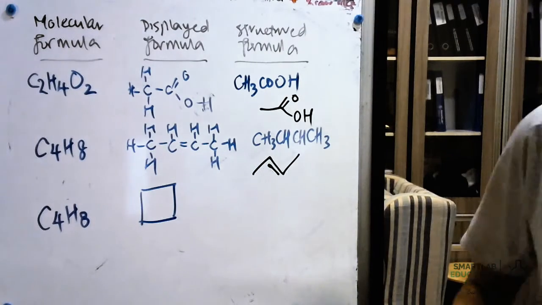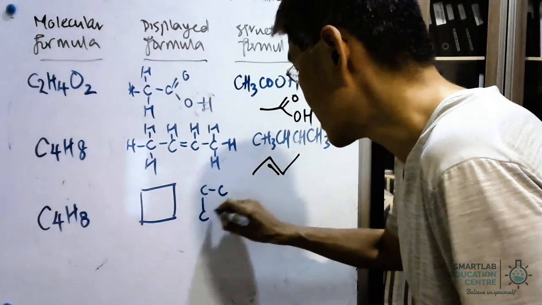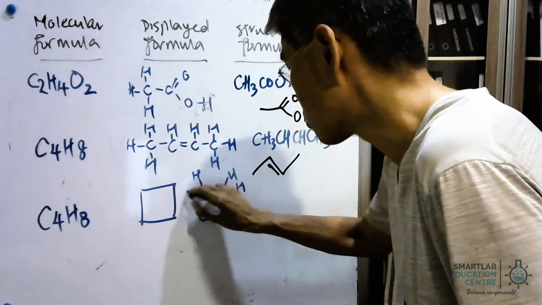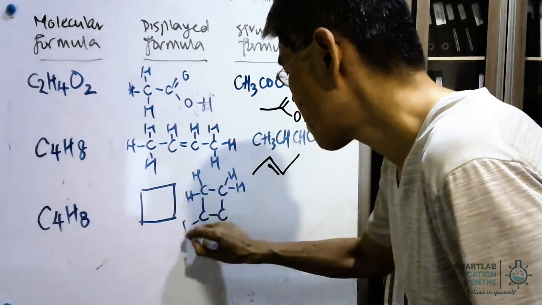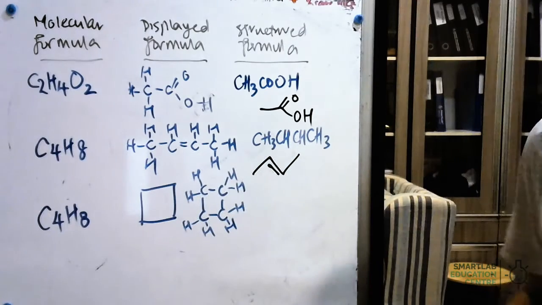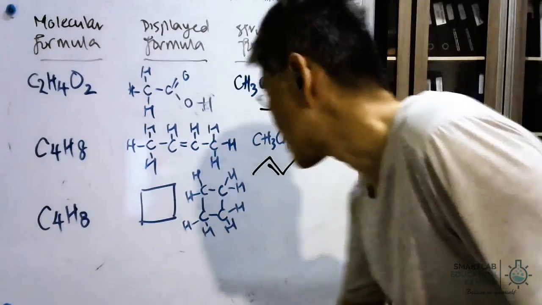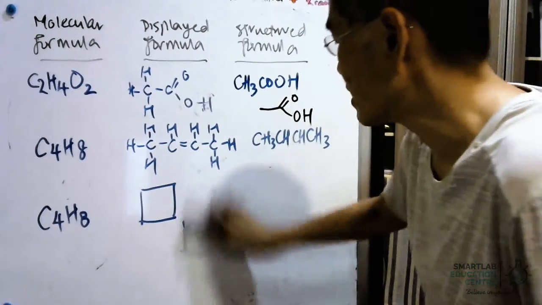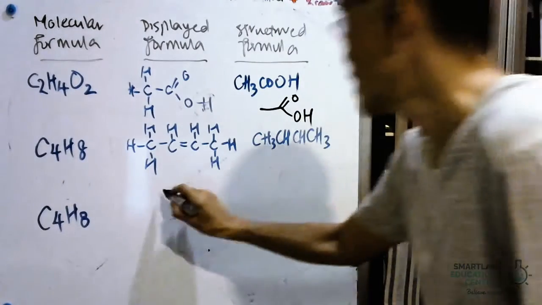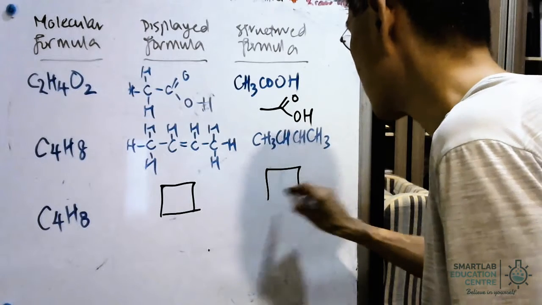Obviously, the alternative is to display every single bond, but actually you don't have to. You could just use this line structure. You can probably see that this one takes a lot of effort. So to summarize, for C4H8, both the displayed and the line structure would be accepted.